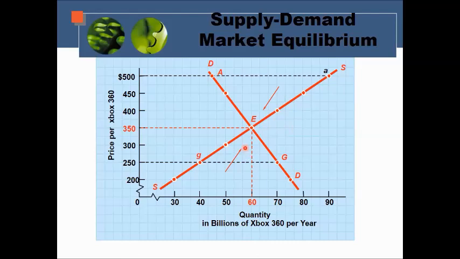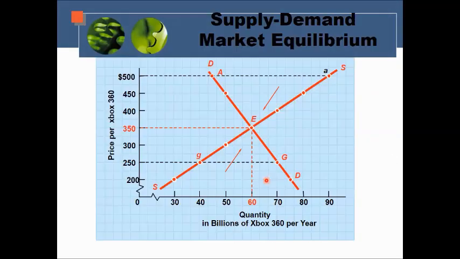na walang shortage, walang surplus of supply. So at 350, the supplier can provide the demand of the consumer at the price of 350. They will produce 60 units of quantity to the consumer or buyer.